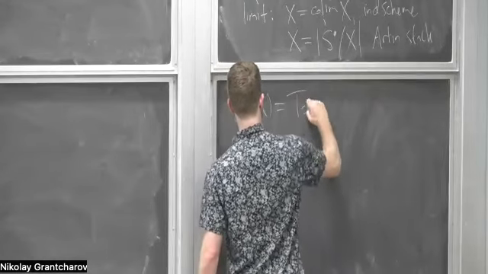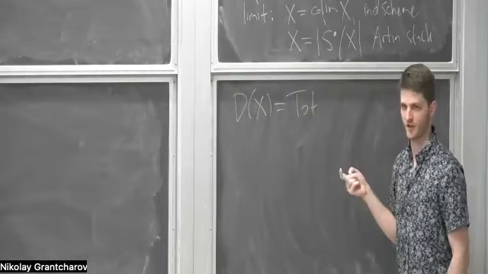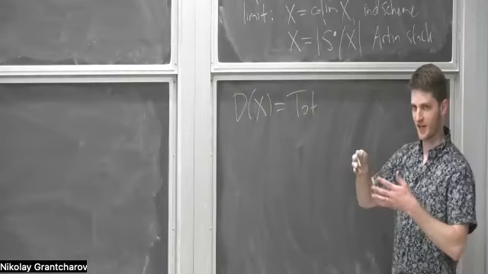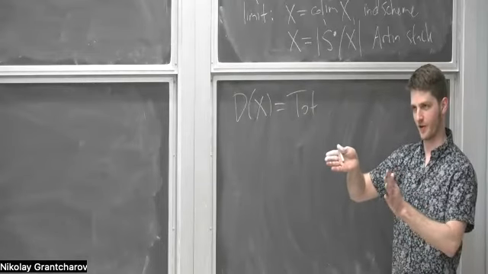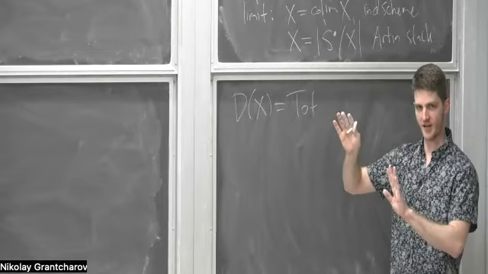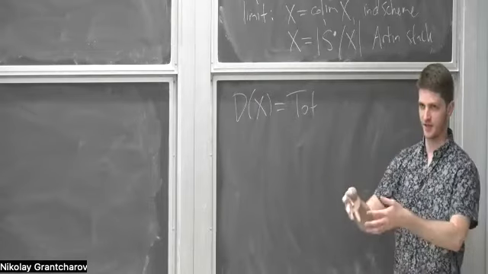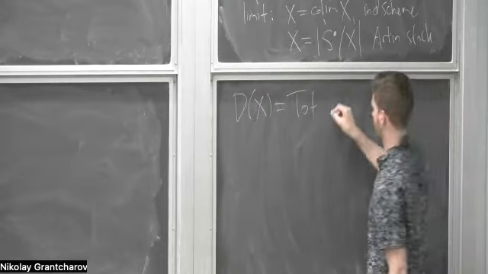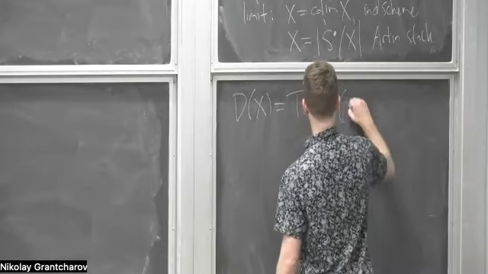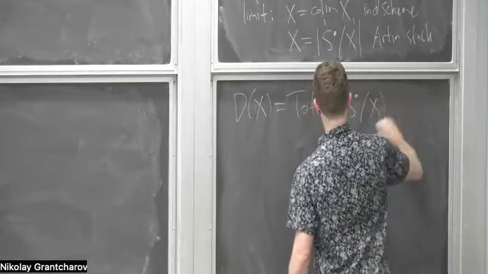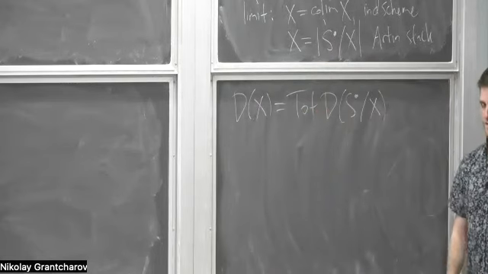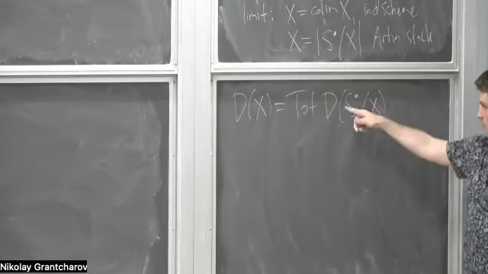So then in that case, D of X would be, the traditional way to write this is Tot, for totalization. Vertical bars indicate geometric realization, which is what we call the co-limit of a simplicial object, and totalization is the limit of a cosimplicial object. So this would be the totalization of D-modules on the Čech nerve. So this would be the formula.